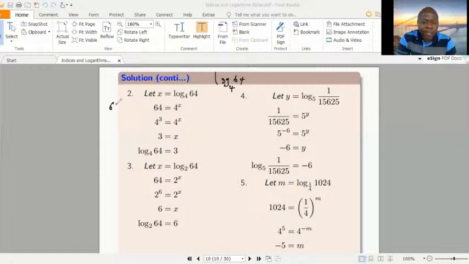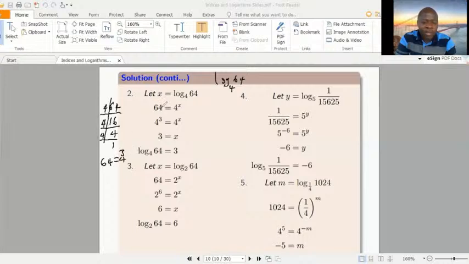Just check. 4 goes into 64 16 times, 4 goes into 16 four times, and 4 goes into 4 once. That means 64 is the same as 4 raised to 3. 1, 2, 3.